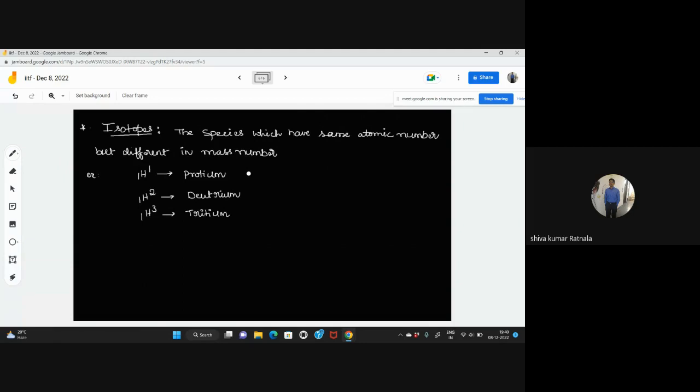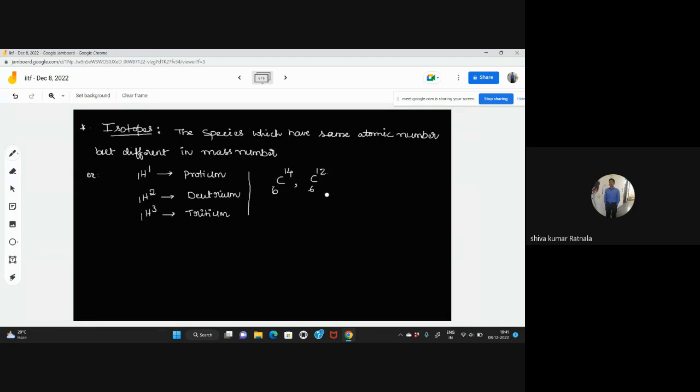Okay, this we can write, and we can write carbon 6C12 and carbon 6C14 as well. These are the isotopes we can say.